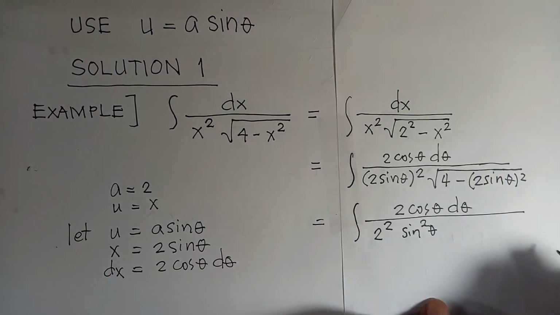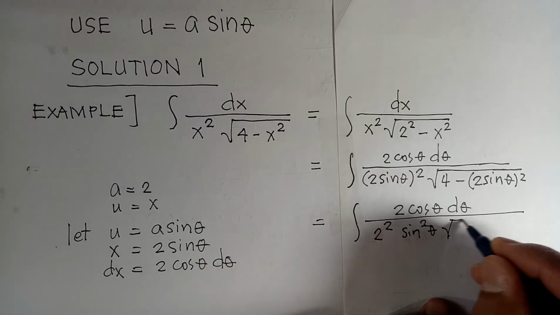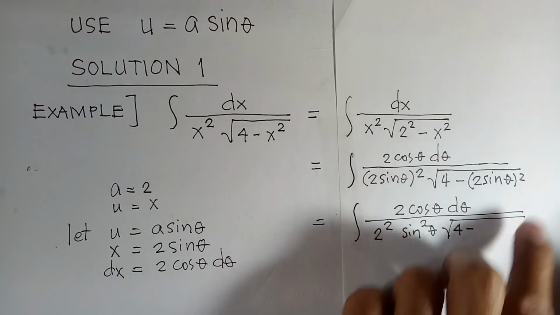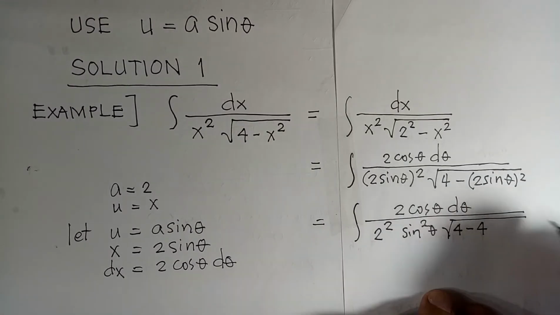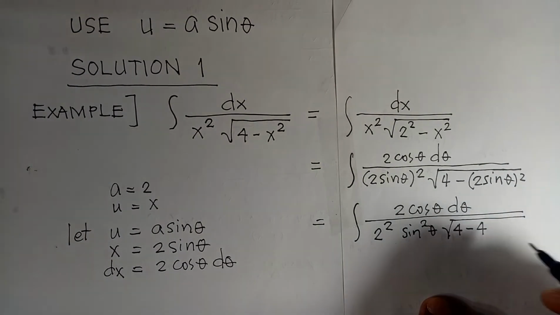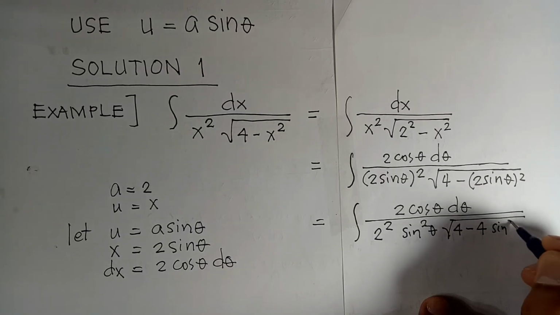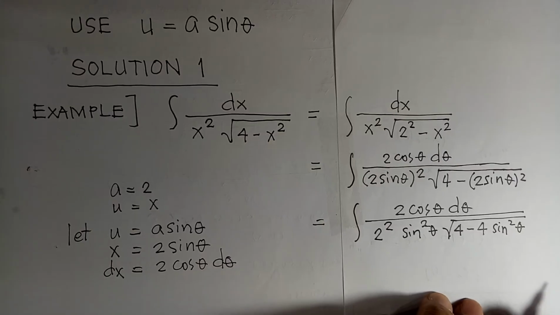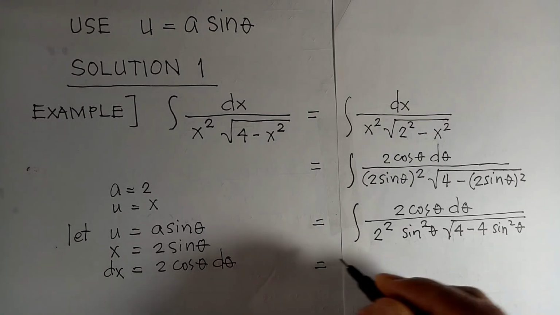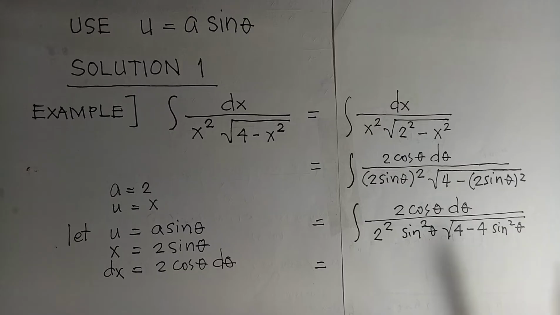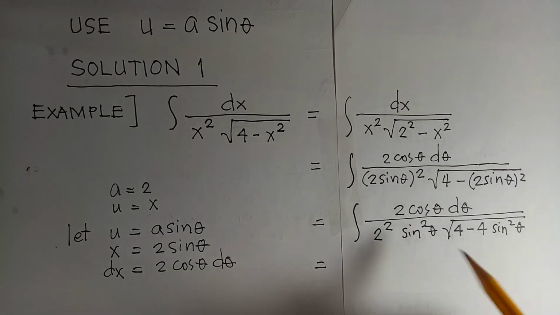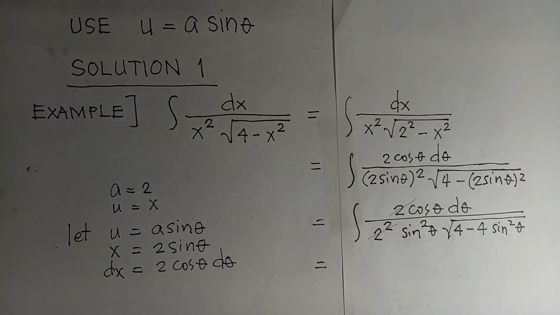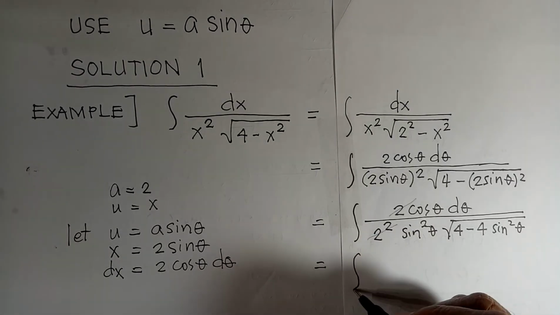And then, we will have square root of 4. And then, minus 2 squared is 4, and then we have sine squared of theta. Okay. So, dito, cancel ang 2. Cancelin natin. Okay. So, let us rewrite the integral.